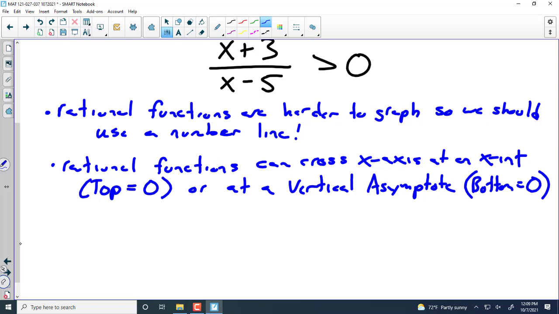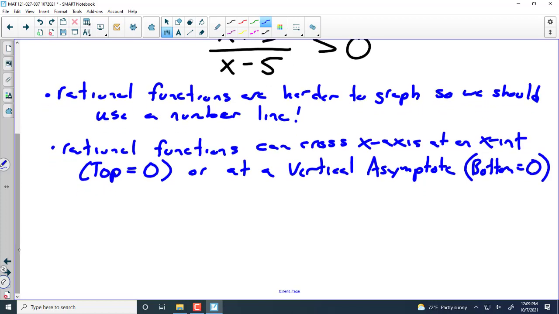The only ways a rational function in this class can get across the x-axis is at an x-intercept or a vertical asymptote. Polynomials can only do it at x-intercepts.